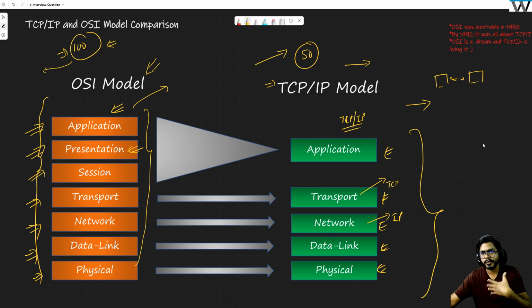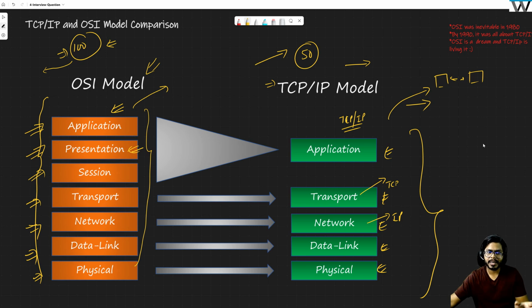So you can understand, if you are the owner of a particular company and you want to see whether everything is working fine or not, you are going to have two options. One is the TCP/IP model, readily available. Every protocol is built. You just need to download whatever code these guys have built onto your computer, and your computer is going to talk, right?